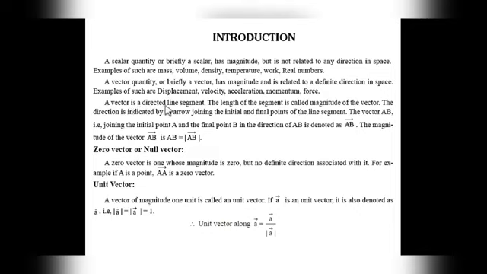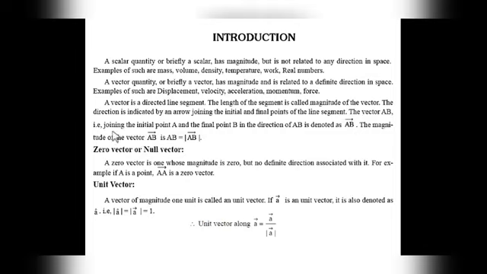A vector is a directed line segment. The length of the segment is called the magnitude of the vector. The direction is indicated by the arrow joining the initial and the final points of the line segment. Let's take one example.